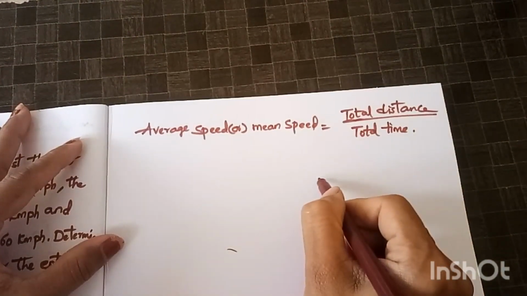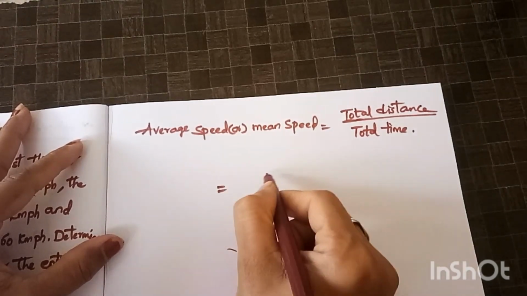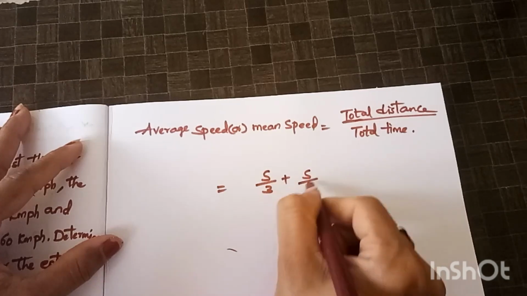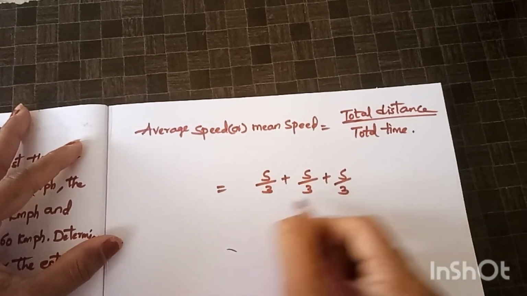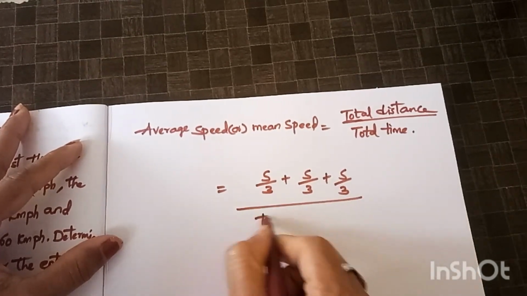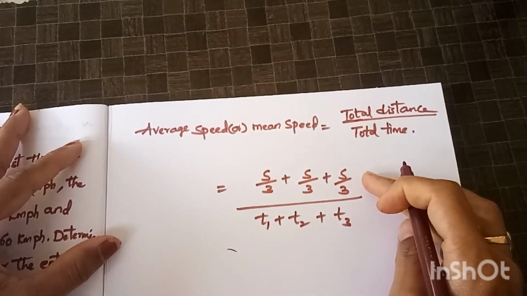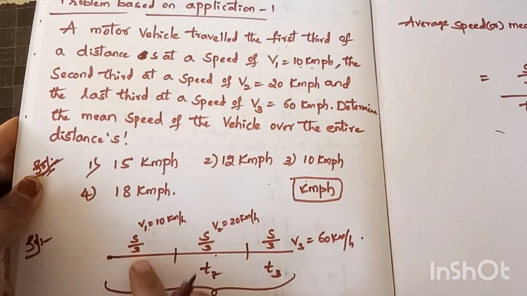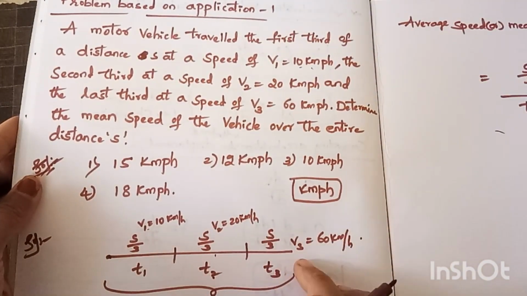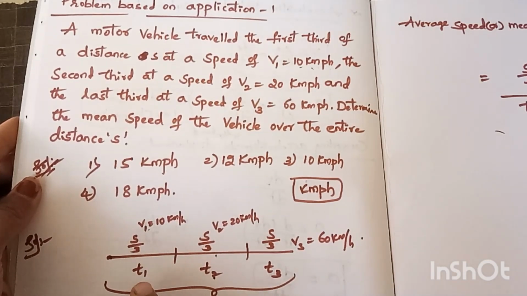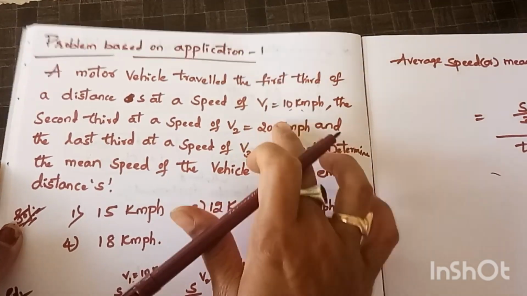Total distance is s by 3 plus s by 3 plus s by 3, and total time is t1 plus t2 plus t3. Why am I considering the times t1, t2, t3? Because he did not mention any time here.